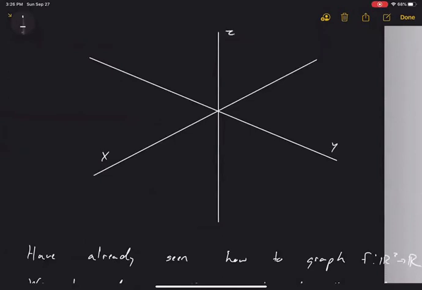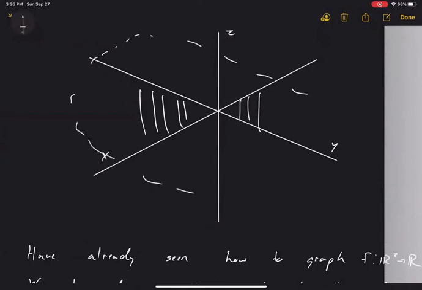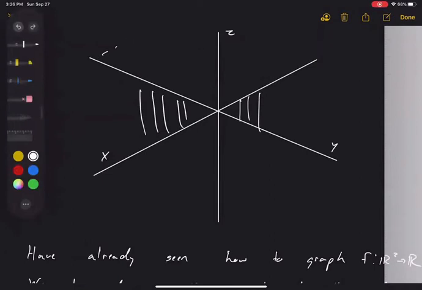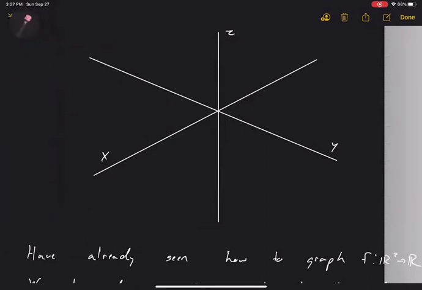My inputs are coming from somewhere in this square horizontal plane, and my outputs are going to be somewhere along the z-axis. Let's say I'm taking the point (4, 1) and pairing it up to the z value of 5.